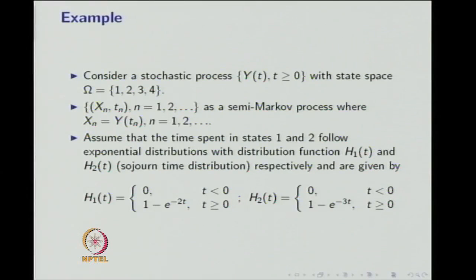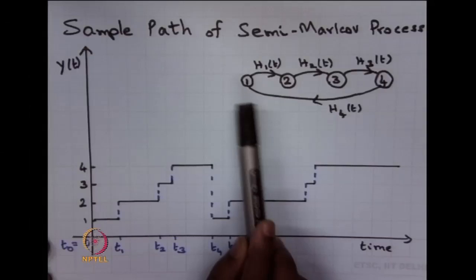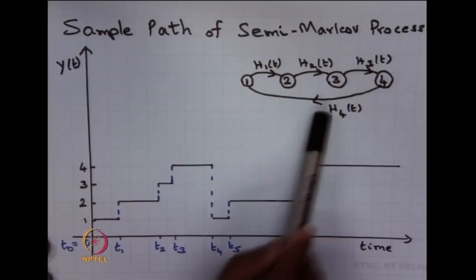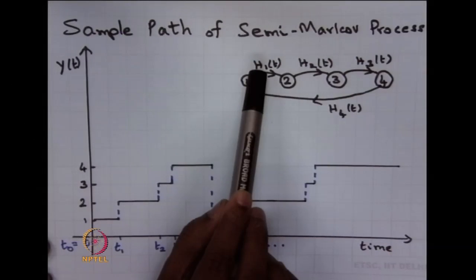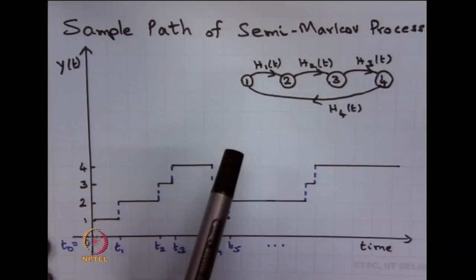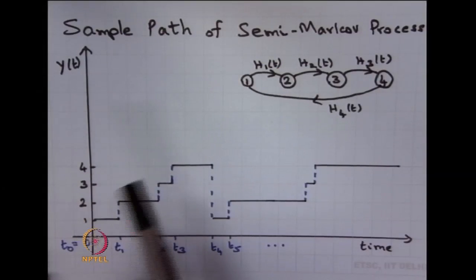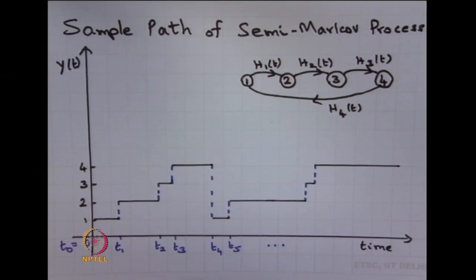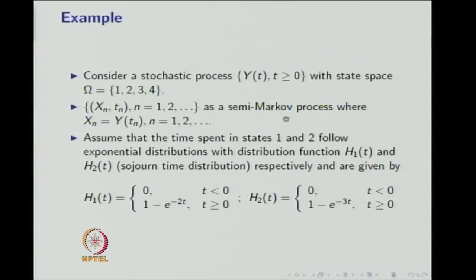So this is a 4-state stochastic process with the states 1, 2, 3, 4, and the H's are the CDFs of the sojourn time in each state, and X n is Y of T n, and X n, T n will form a Markov renewal process or semi-Markov process.